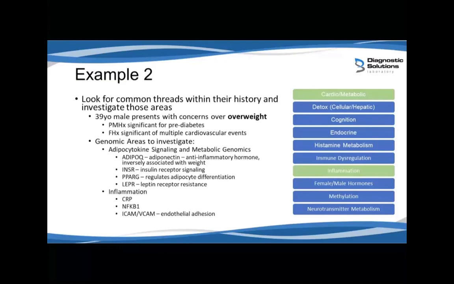And then lastly, ICAM and VCAM, which are signaling molecules on the lining of the endothelium of the arteries, to begin leukocyte adhesion. So we can look at their susceptibility to developing plaques in their arteries and things like that.